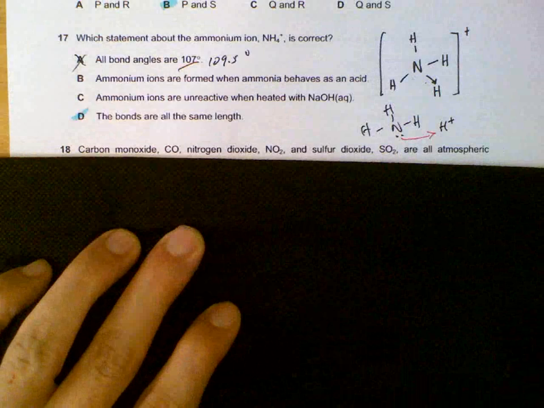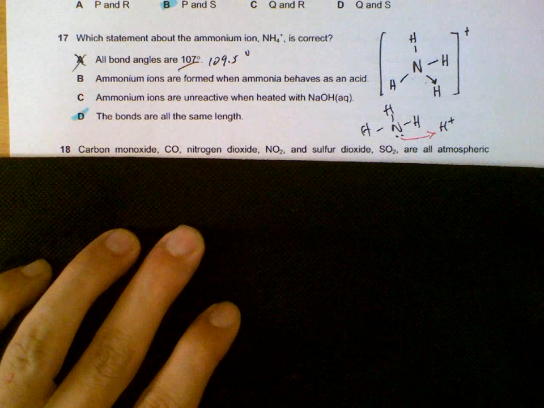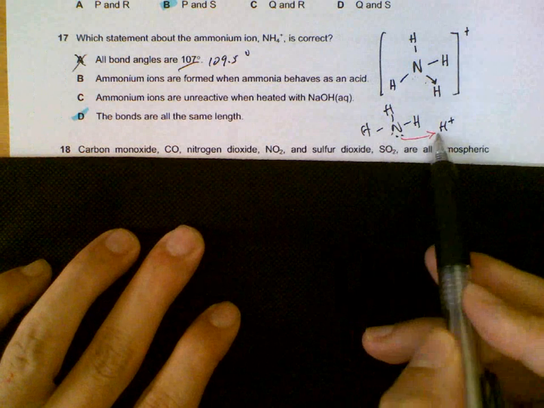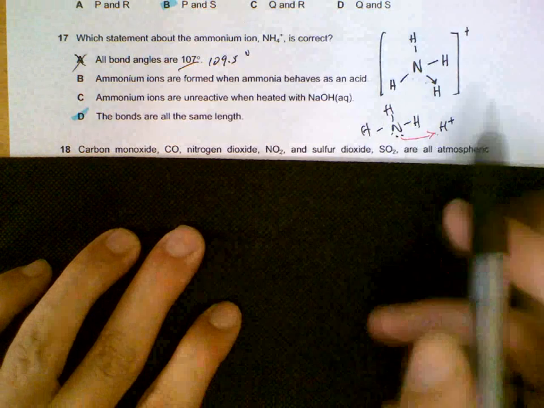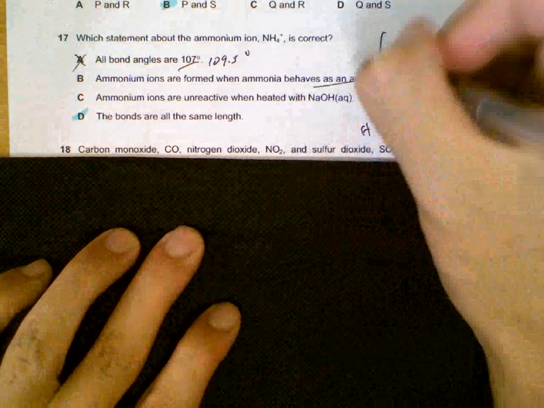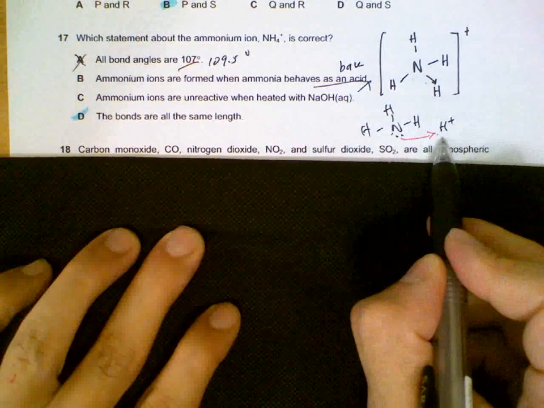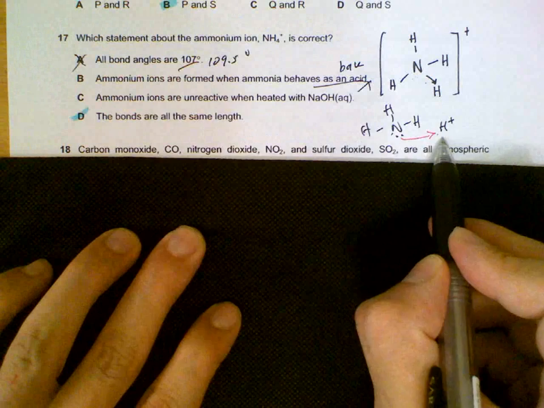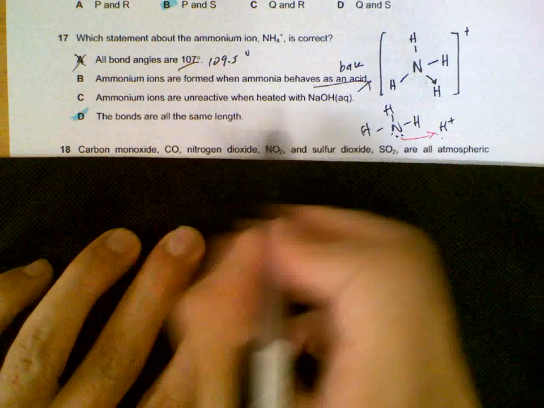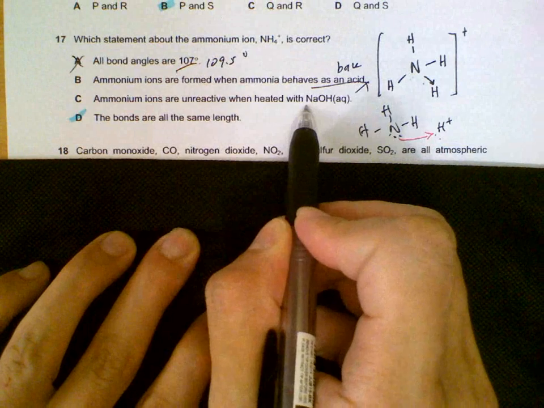Ammonium ions are formed when ammonia behaves as an acid. Right. Ammonia accepts a proton. A proton acceptor is a base. Because it accepts a proton to form ammonium, it is actually behaving like a base. Ammonium ions are unreactive when heated with sodium hydroxide. This one you have to recall the reactions.